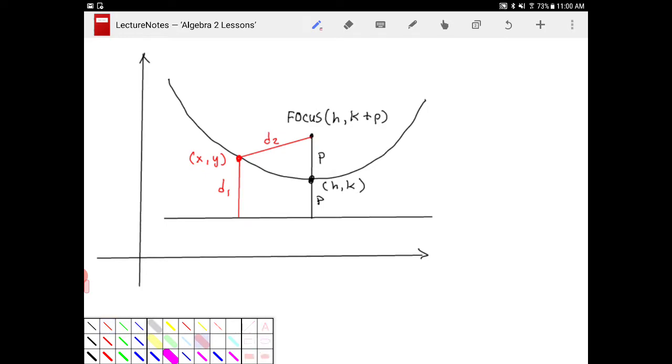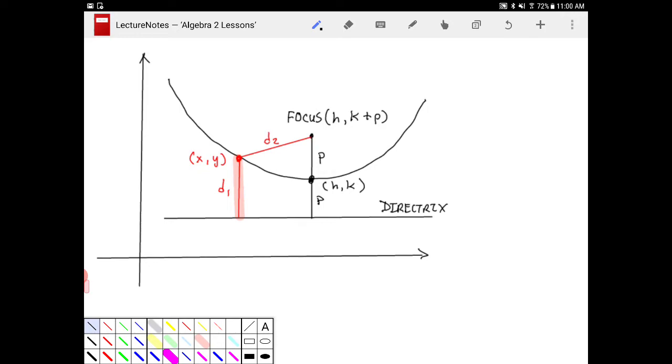What's different from the last scenario is that now D1 is a vertical line, and D2 is again a slanted line. D1 is the path from x comma y to the horizontal line, which is our directrix.